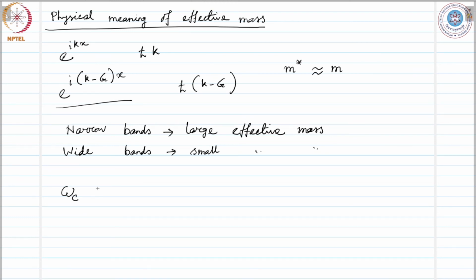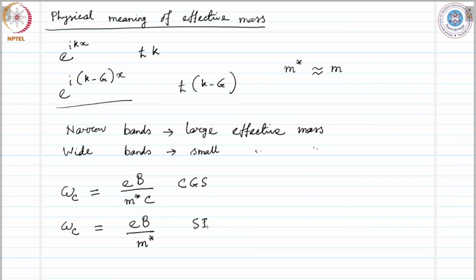If the cyclotron resonance frequency is ω_c, we can write it as eB over m star c, where c is the velocity of light in CGS units, and the expression of this cyclotron frequency in SI units would be eB over m star. So, what are we doing?